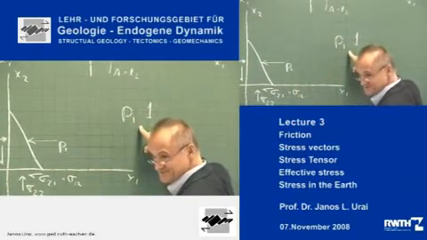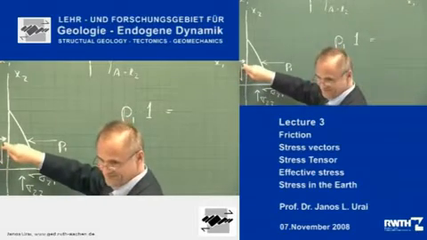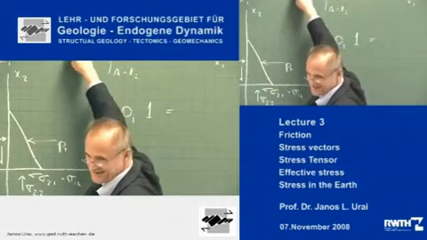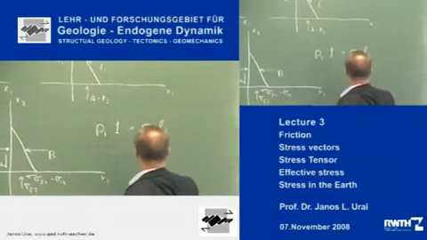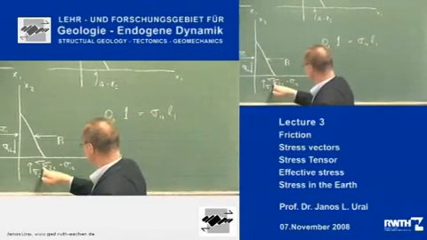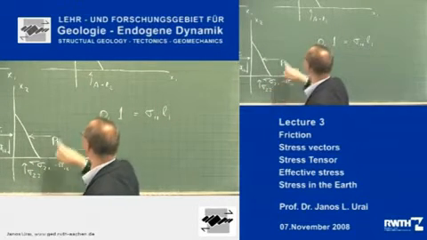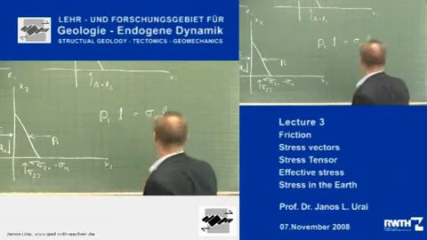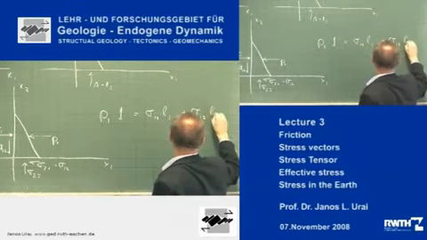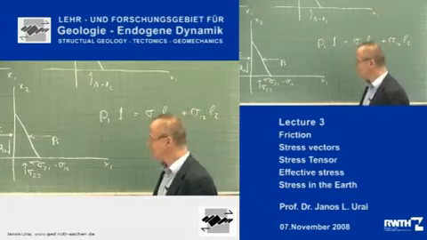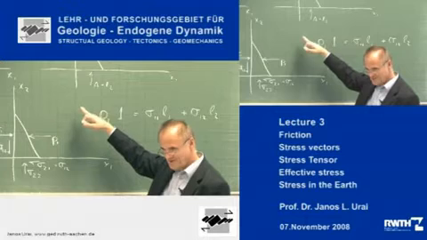That is the force to the left, equals sigma 1,1 times the area, which is L1, plus sigma 1,2, or 2,1, I don't care, times L2. This is the horizontal component of my P vector on the plane.